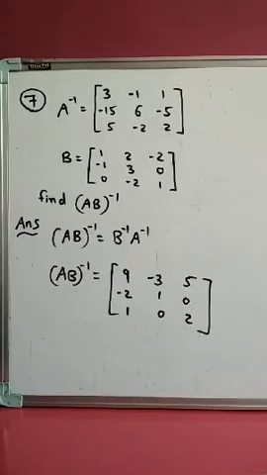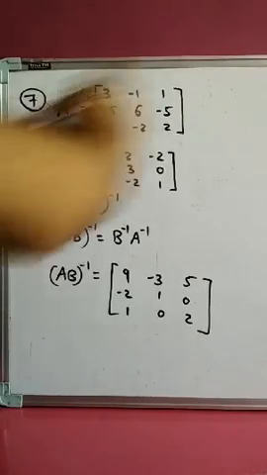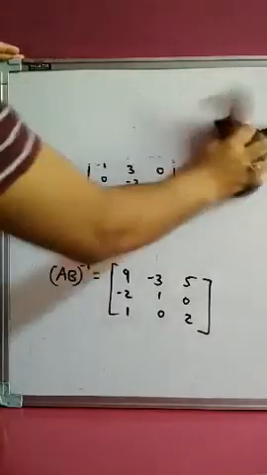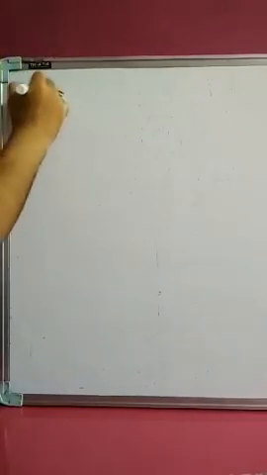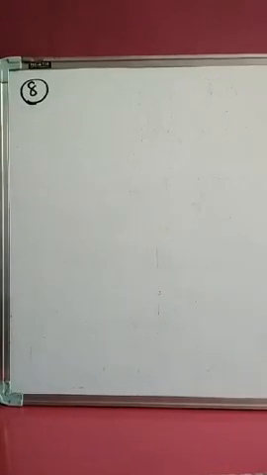Now question 8. Question 8 is generally a very lengthy sum. It is not that easy, not that difficult either, but it will take a lot of time to complete. I will tell you why.